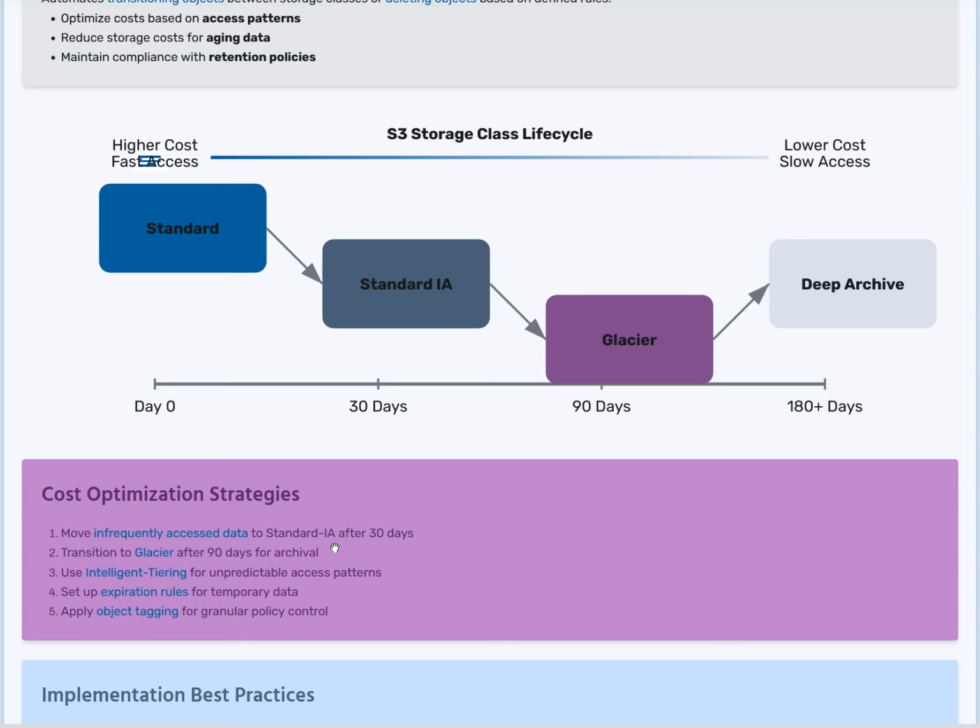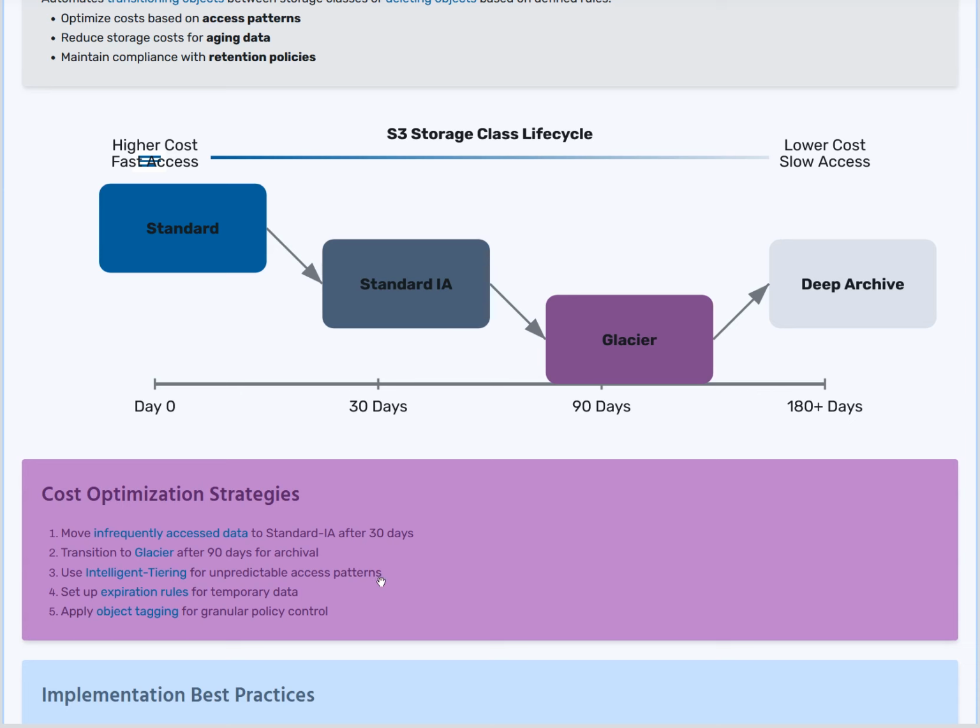Make sure you move after 30 days from Standard, so it will not incur any early moving fees. And then transition to Glacier after 90 days for archival.